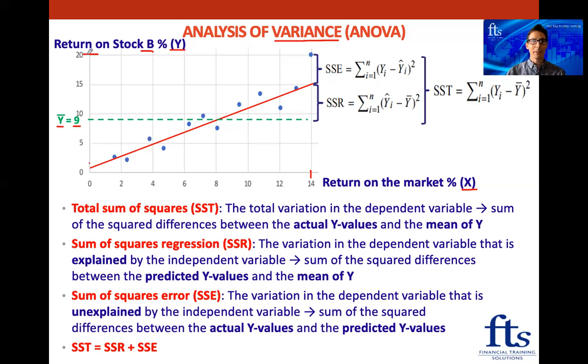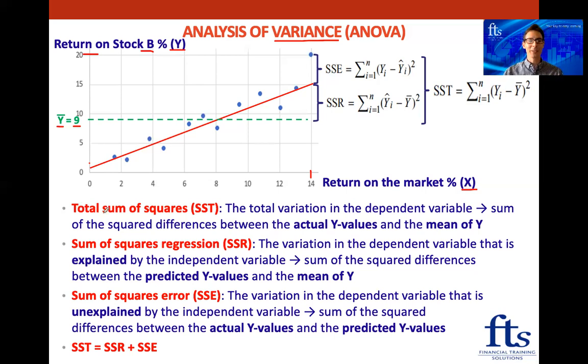That was the best year over there, 20%. So the mean return is somewhere in the middle between all of the dots. And so the mean return on stock B is 9%, and that's represented by this green dashed line over here. Good.